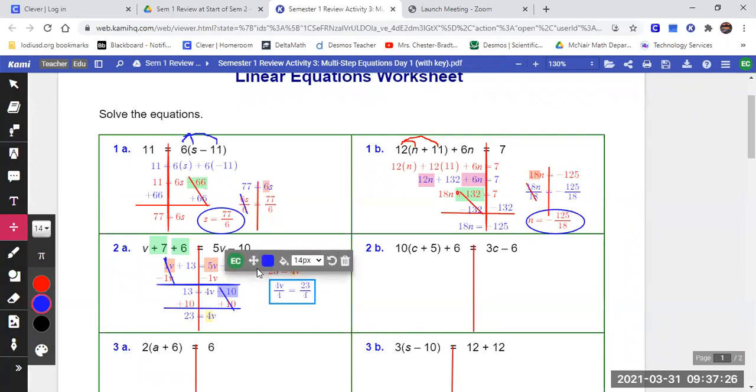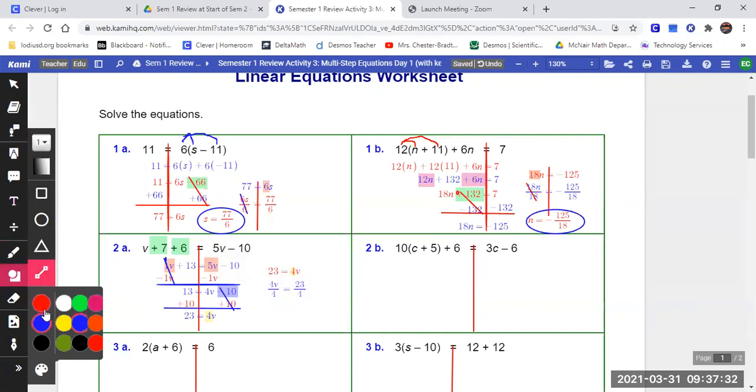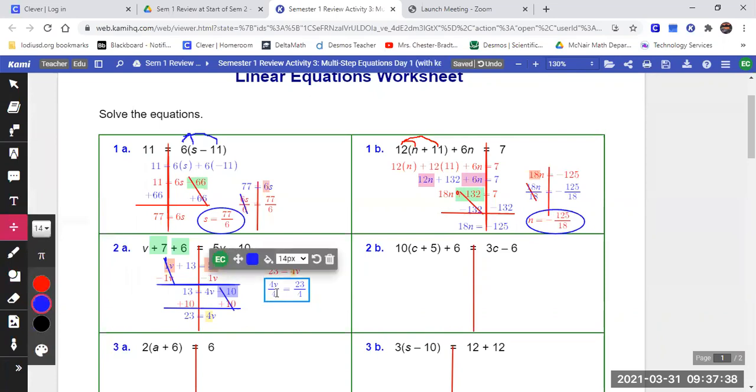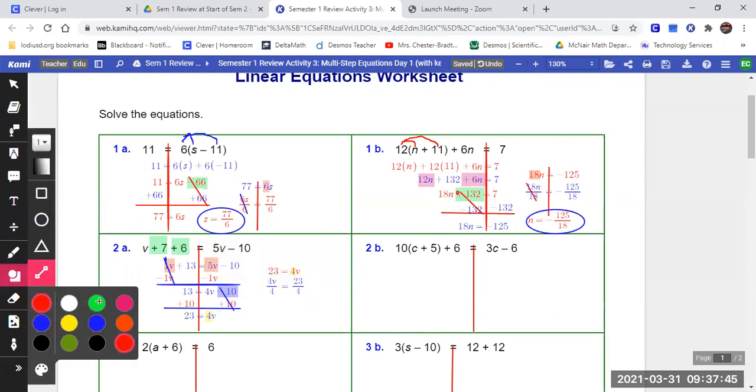Letters come first. Letters are always on the left. Some of you keep not listening to the instructions, and I'm not giving you full credit for work for that. Letters stay left. So sometimes we have to flip it over, and it's okay. It doesn't matter if the number equals the letter or the letter equals the number, the answer is still the same.